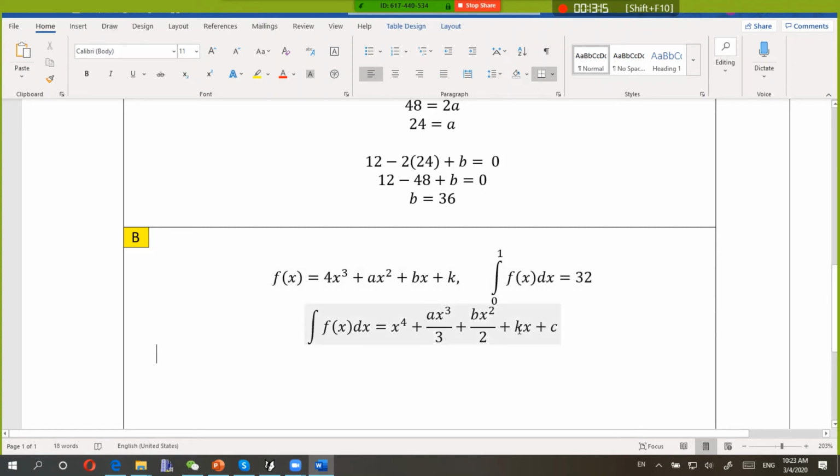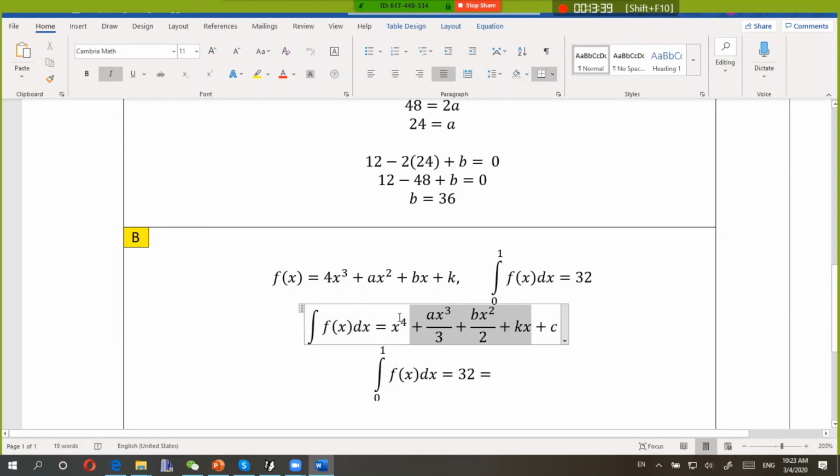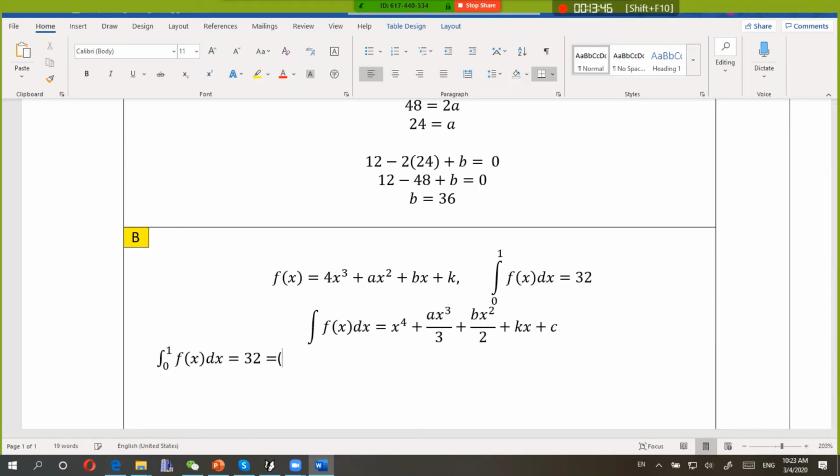Plus some sort of constant c. I won't need that constant c because we do have bounds for this, since I know that the integral from 0 to 1 is 32. So we could say 32 is equal to what happens when I plug this in for upper bound minus lower bound.